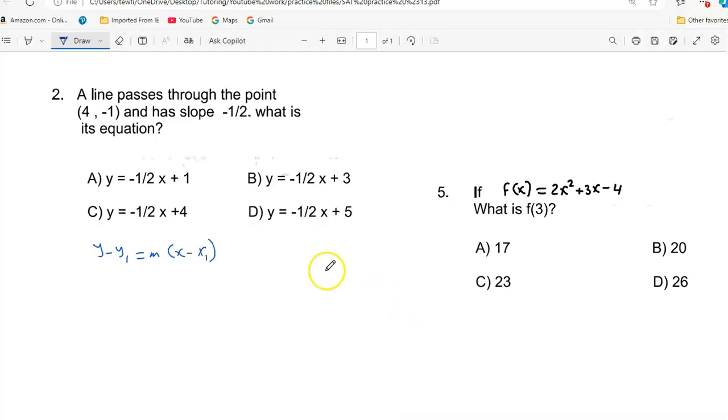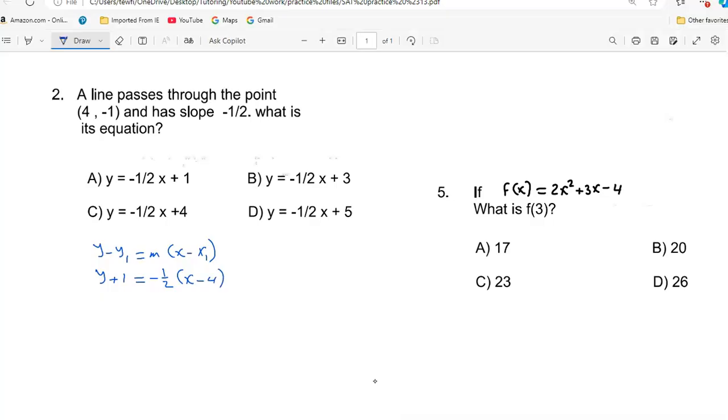What is x1 and y1? x1 is 4, y1 is negative 1. That's the point. What's m? m is the slope. So let's substitute for the point and the slope. So it will be y minus negative 1, y plus 1, equals the slope, negative 1/2, times x minus 4.